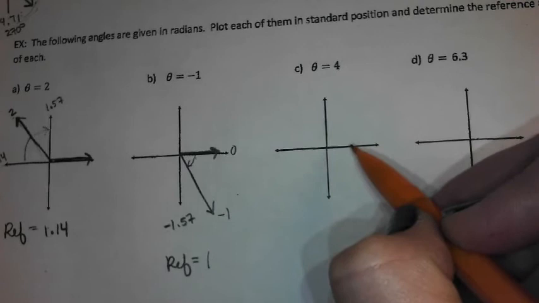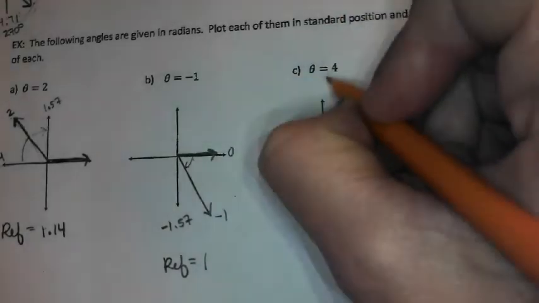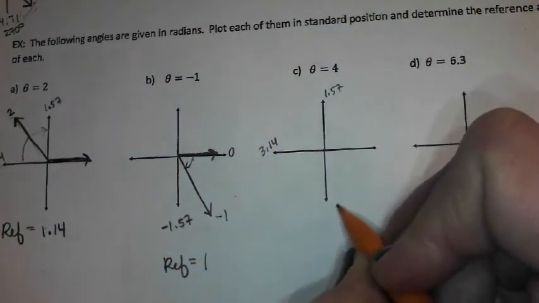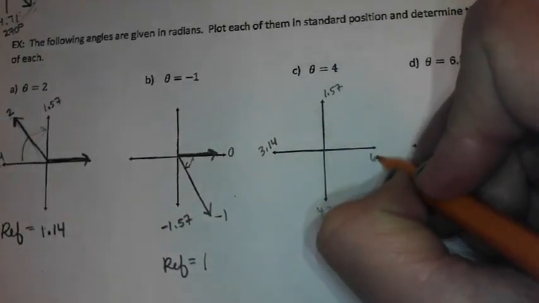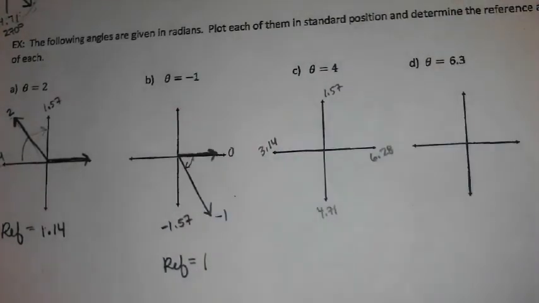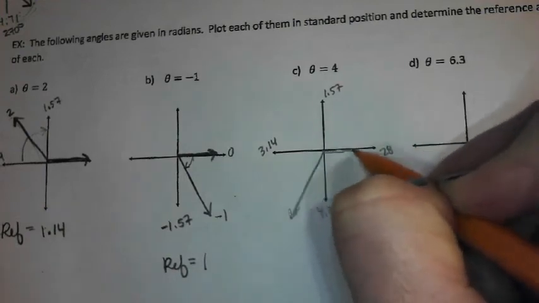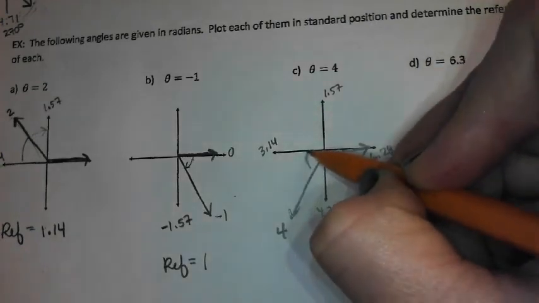How about 4? So we've got 1.57 and 3.14 and what was this number? 4.71. I cheated and looked up. And this is 6.28. So where is 4? What'd you say, Mason? 3rd quadrant. And the reference angle? .86.